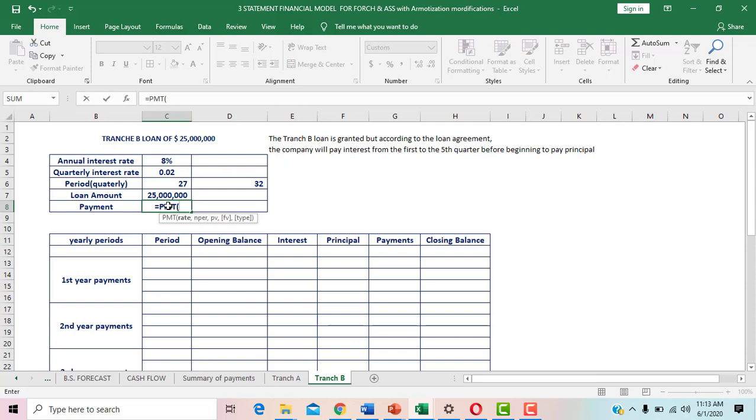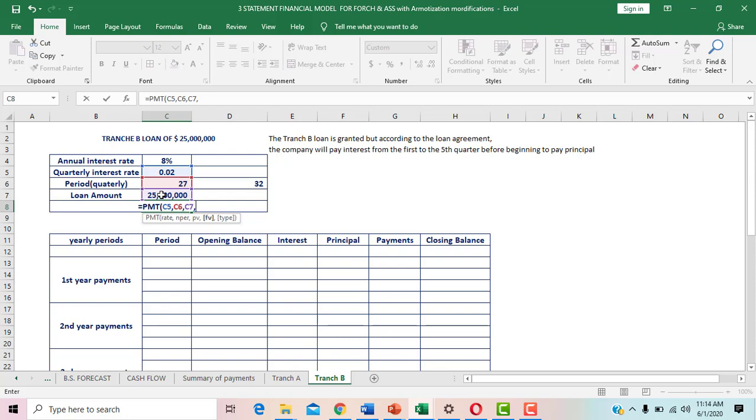Now we can calculate the payment to be made for 27 periods, which is equal to payment. The rate we are talking about here is 0.02, the number of periods is going to be 27 quarters, the present value is going to be $25 million, and the future value, that is, after the 27th period, is going to be 0.